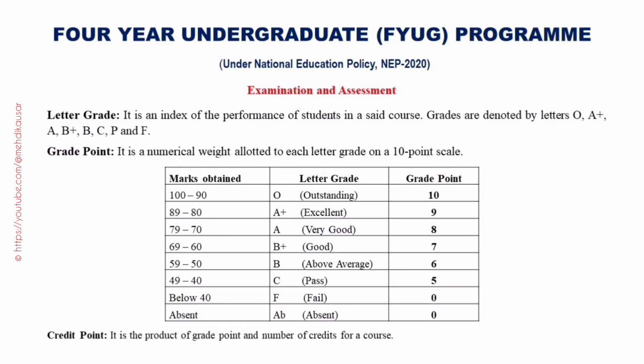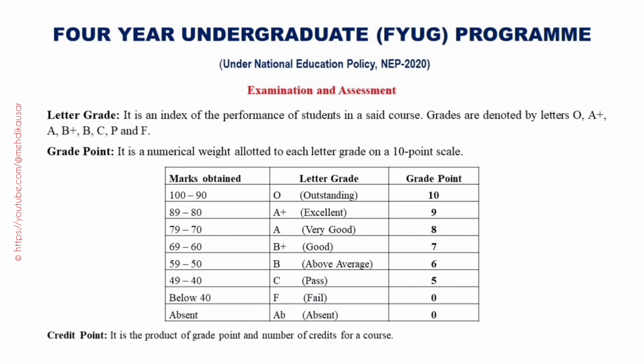In this 10-point scale, if a student secures marks in a paper in the range 90 to 100, then he or she will get a letter grade O, and for that, the student will get a grade point of 10. Likewise, for the marks in the range 80 to 89, it is A+ letter grade for which the student will get a grade point of 9.